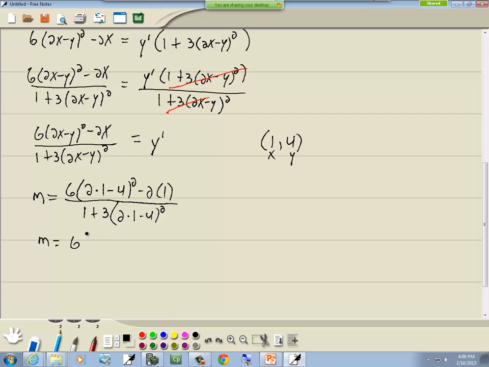Negative 2 squared is 4. Minus 2 over 1 plus 3 times 4. Let's see, 24 minus 2, and 1 plus 12.